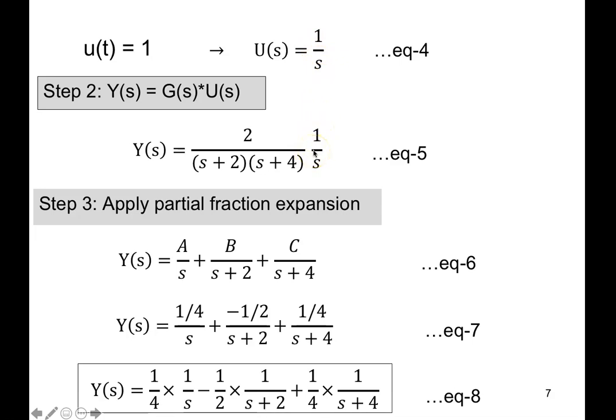That's my step number 2. Step number 3. Now, if you look at equation number 5, in the denominator, I have 3 terms multiplied together. You can't, because in linear systems, we can add one to another.